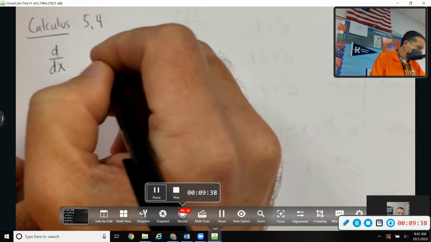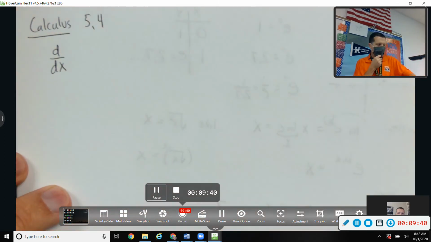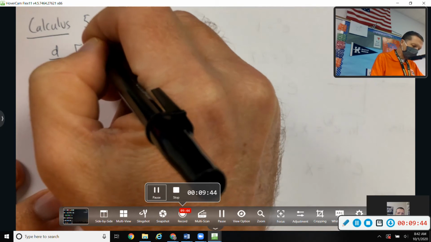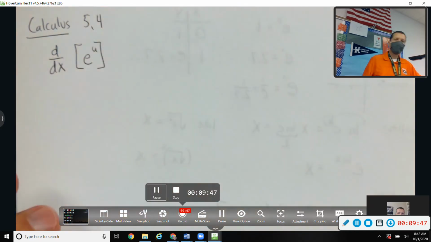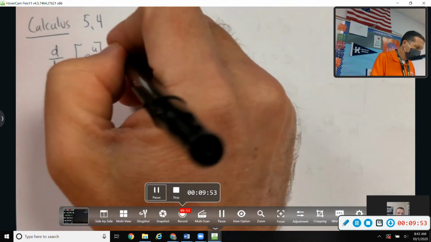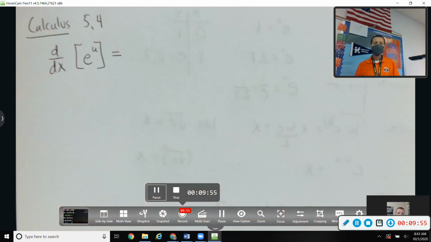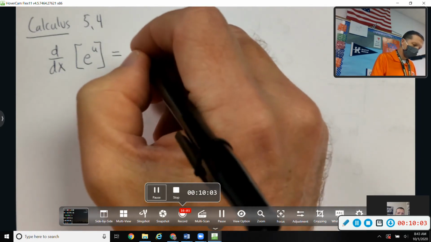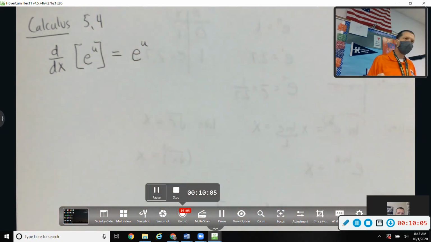Right. d dx, take the derivative of e to the u. The book likes using u rather than pink triangles, but I prefer pink triangles. Here we go. So there's another new rule. You've got to know this, no other way around it. You just have to know that the derivative of e to the u is e to the u.